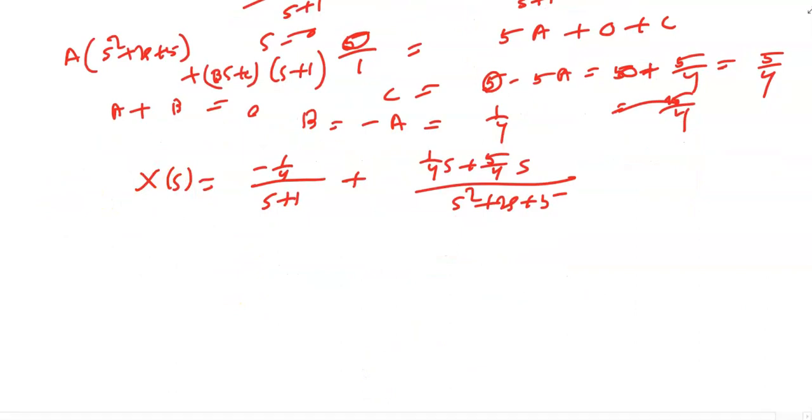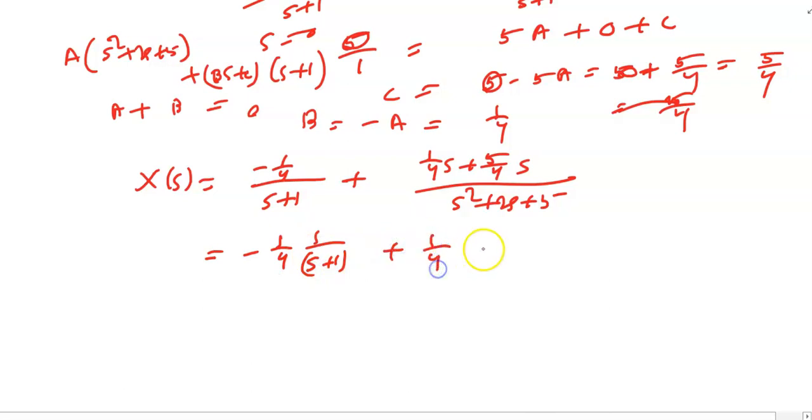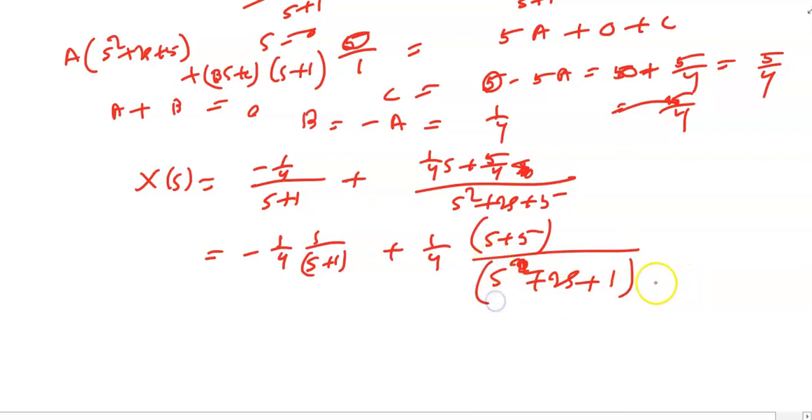So we need a little manipulation. As usual, minus 1 upon 4 upon s plus 1 plus, taking 1 upon 4 common, (s plus 5) upon (s plus 1) square plus 2 square. I want to make a standard form.